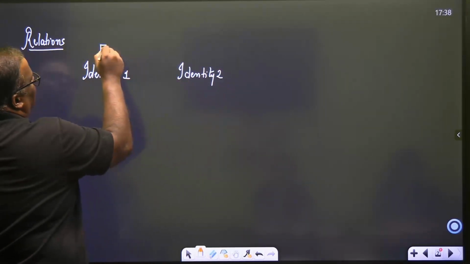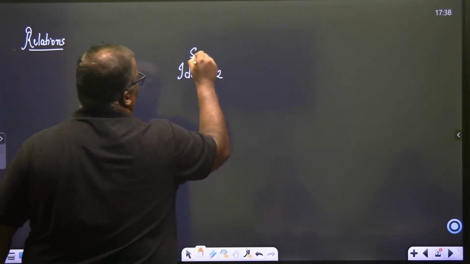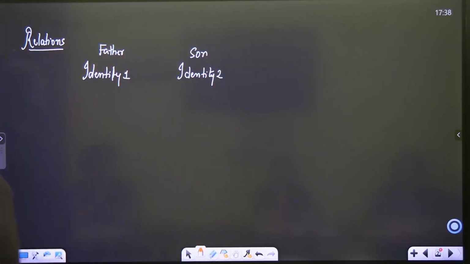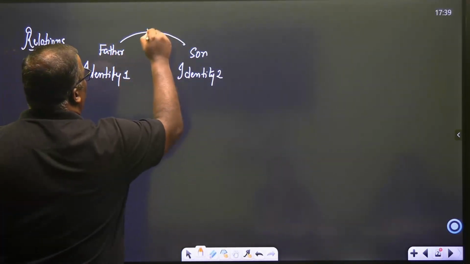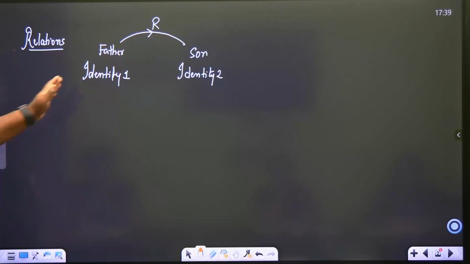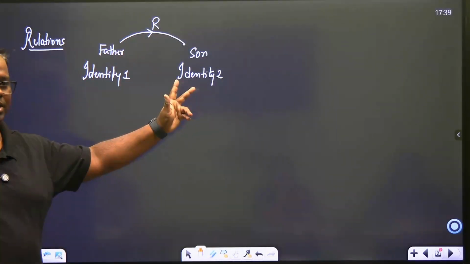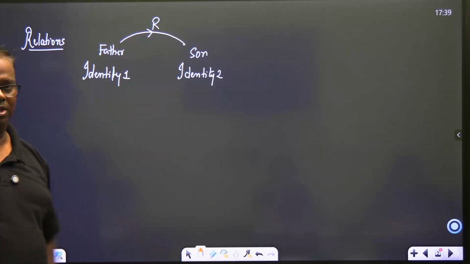It can be a father and a son. Within these two identities, we will be able to map a relation: so-and-so is the son of so-and-so, or so-and-so is the father of so-and-so. Minimum two identities. It can be more than two identities also. These relations will be there.